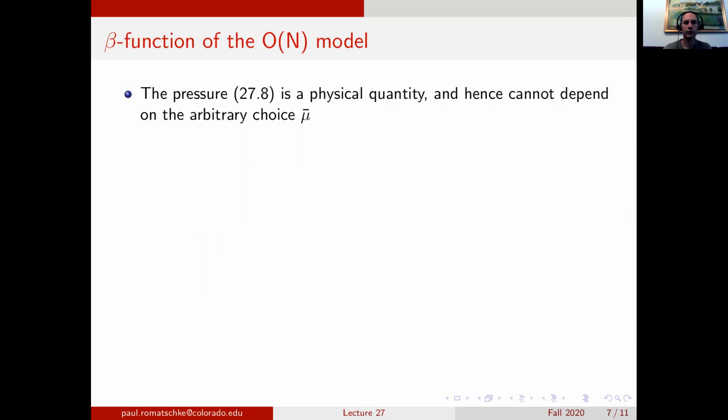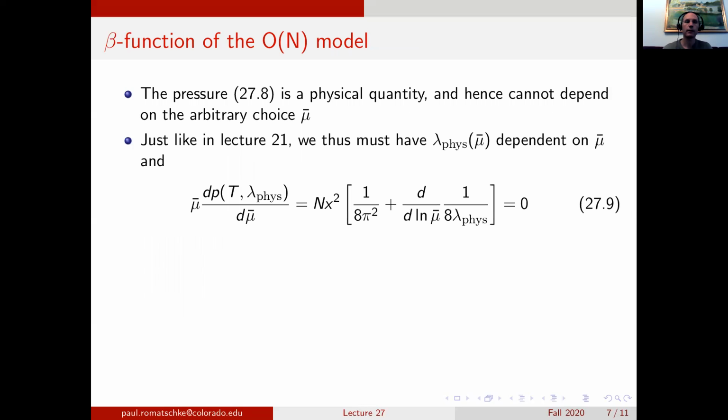Recall first that because the pressure is a physical quantity, it cannot depend on the arbitrary choice of the renormalization scale mu bar. And just like we discussed in the lecture on the renormalization group, lecture 21, we find that the independence of the pressure with respect to mu bar, meaning the derivative of this quantity has to vanish, gives us a condition on the dependence on the physical parameter.